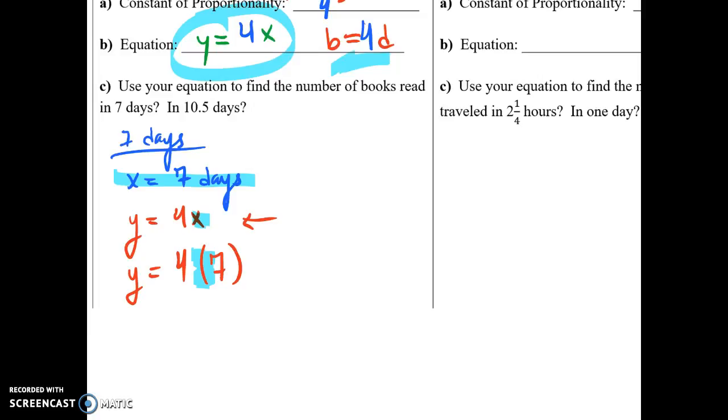So it's 4 times 7. Continue your math. 4 times 7 is 28. So y equals 28 books read.